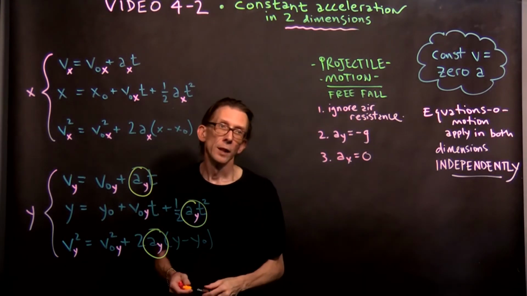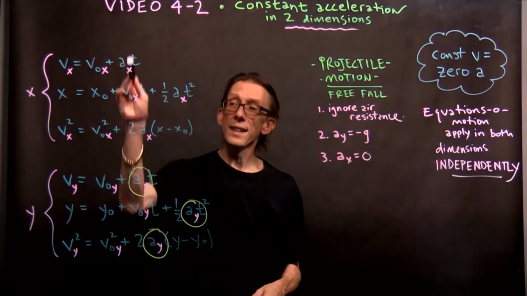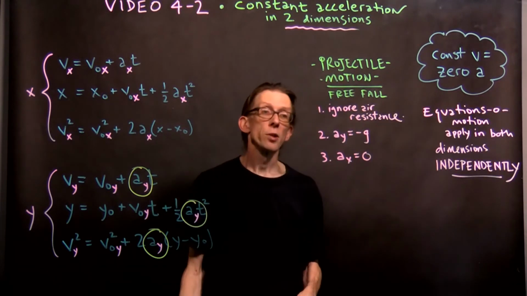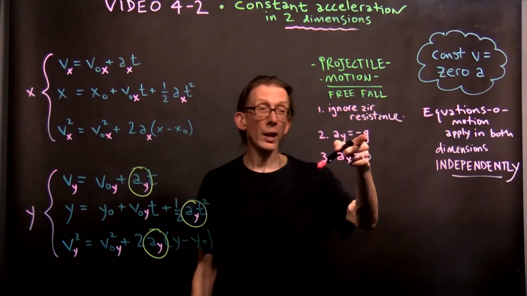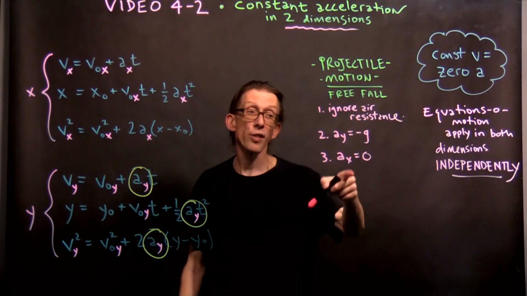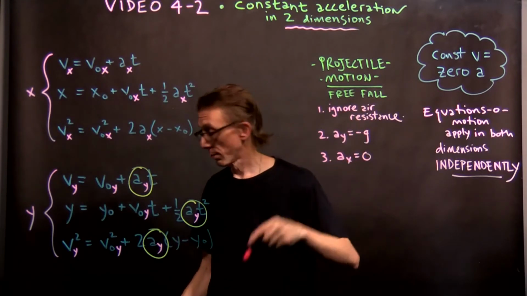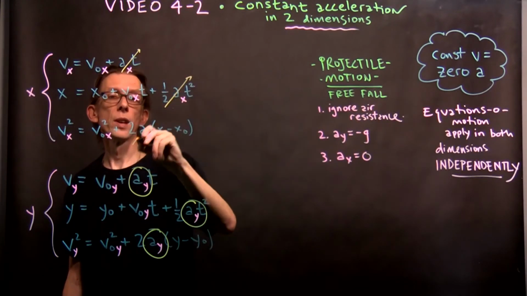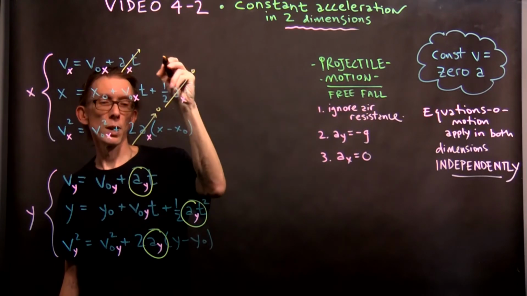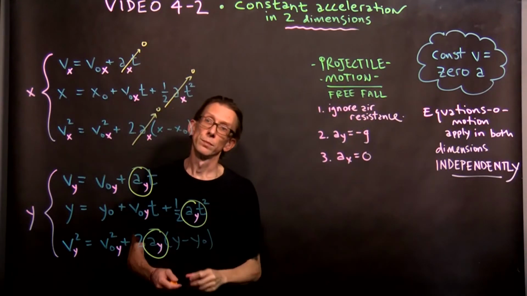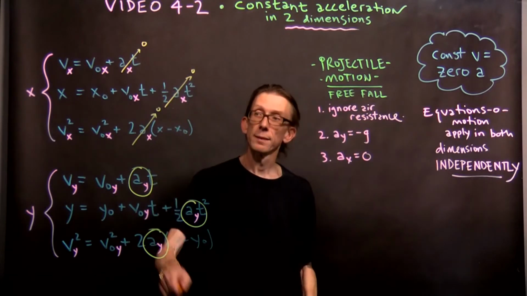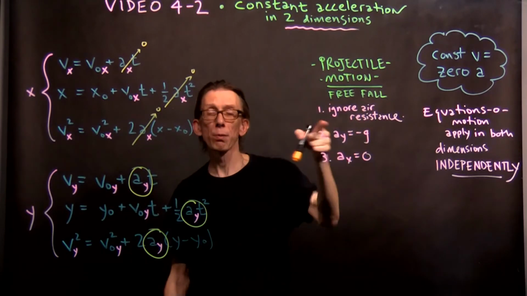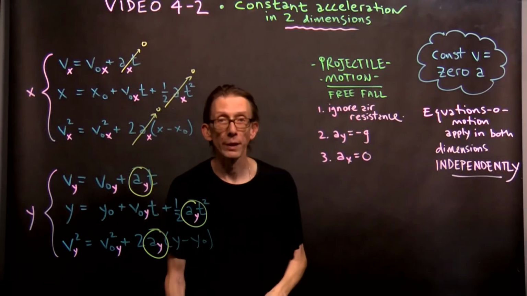So what I want to do now is rewrite these for projectile motion. Everywhere I have an a sub y, I substitute in a minus g, and everywhere I have an a sub x, I call it 0. This is phenomenal because look what happens. This goes to 0. This goes to 0. This goes to 0. Everything becomes super simple.